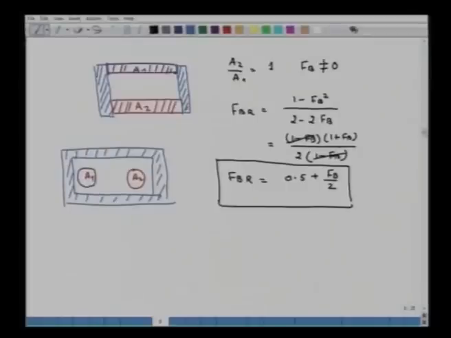Here also A2 upon A1 is equal to 1, so the same relationship between FBR and FB holds good. Now, remember this FB concerns black surfaces, that means the emissivity of a black surface is equal to 1. We have not yet considered the influence of emissivity of real surfaces.